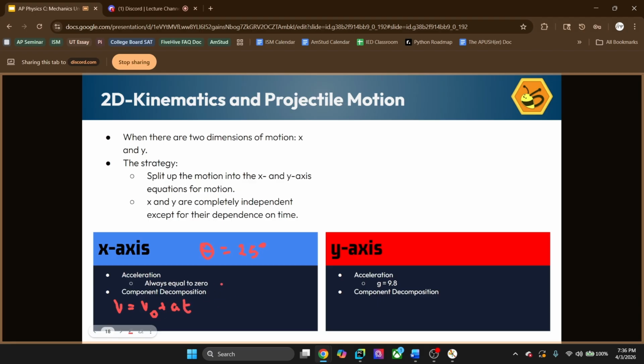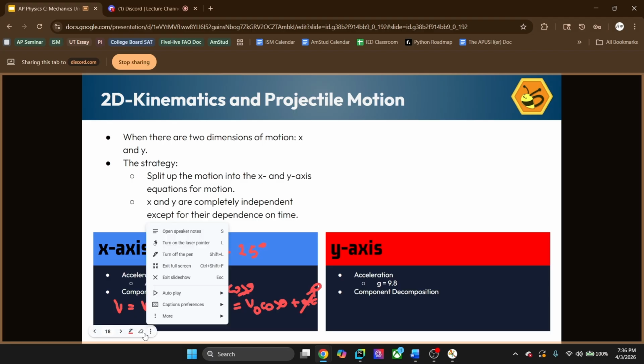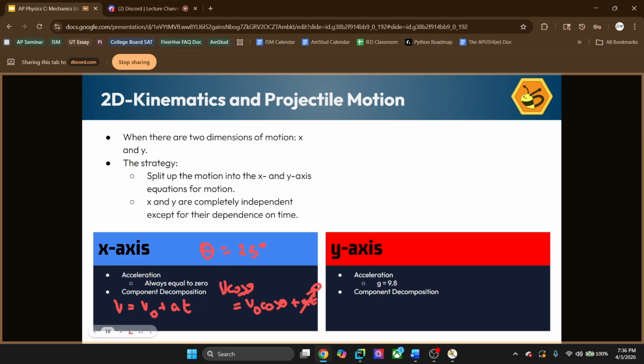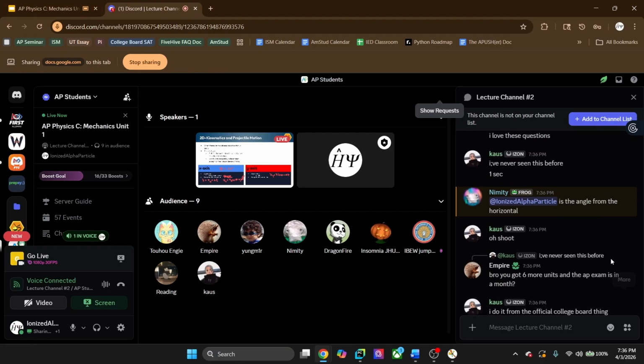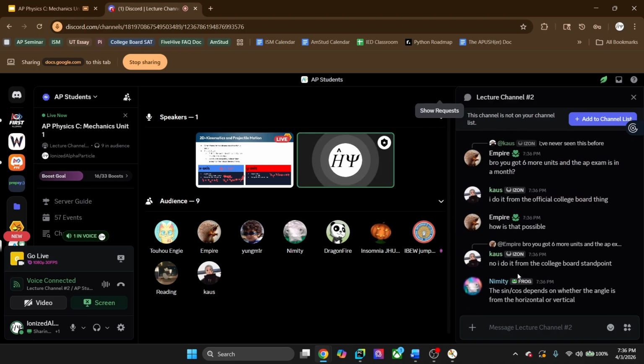We can say v_x equals v naught cosine theta plus at, but here acceleration is 0. That's one way we can decompose it. For the y-axis, it's sine theta, so we can say v_y equals v naught sine theta plus at. Yeah, it's the angle from the horizontal.